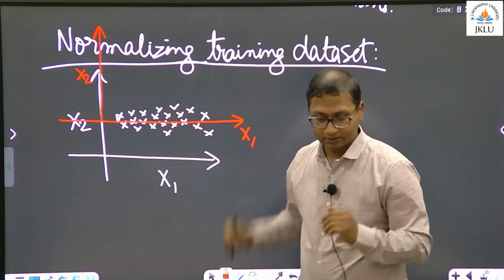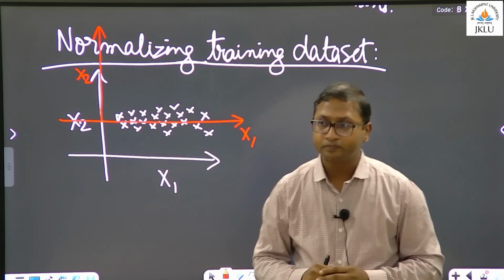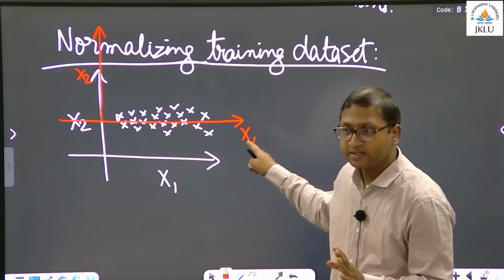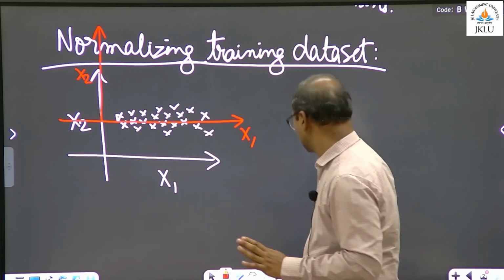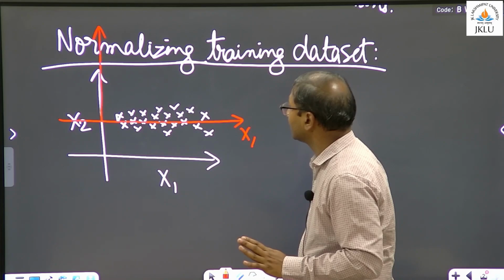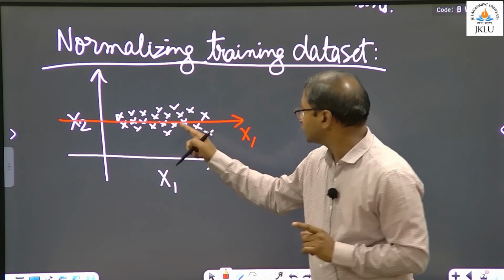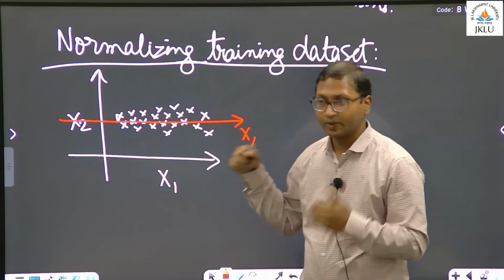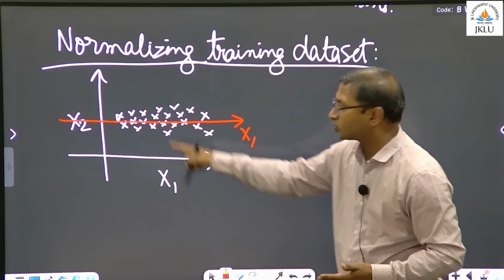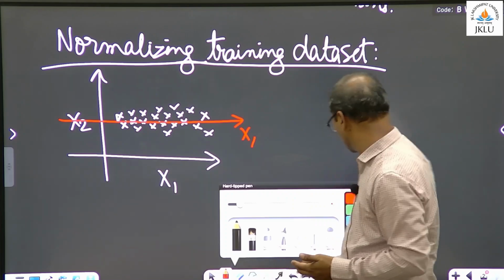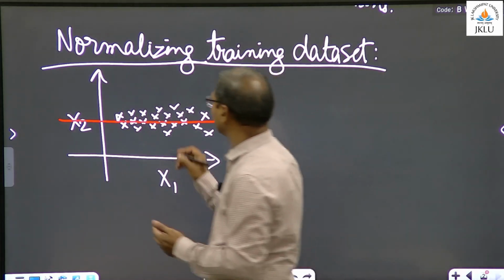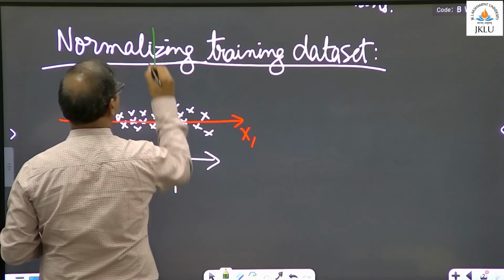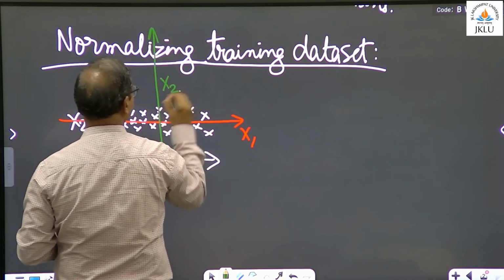Shifting the x-axis. What else would I do? Will I just shift the x-axis? Should I just shift it? Maybe not just x1 but x2 as well. So this part is done.